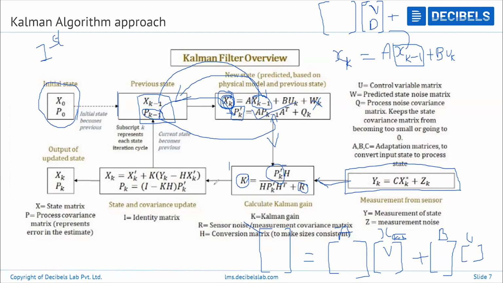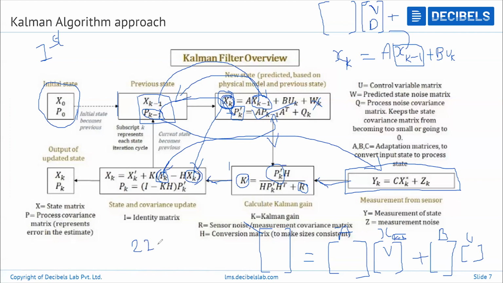So once you have a Kalman gain, you are going to multiply the Kalman gain with your measurement data, which we're getting from the measurement. And this predicted state, you are getting from the predict step. I'll just take one variable, that is position. So from the predict step, I got the position value of 22.